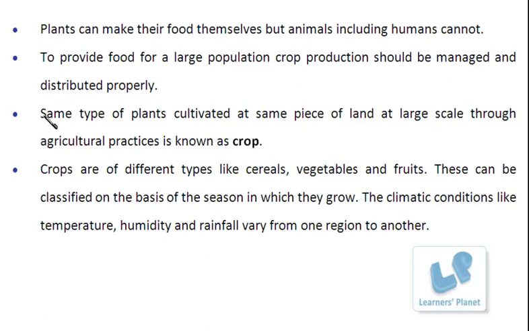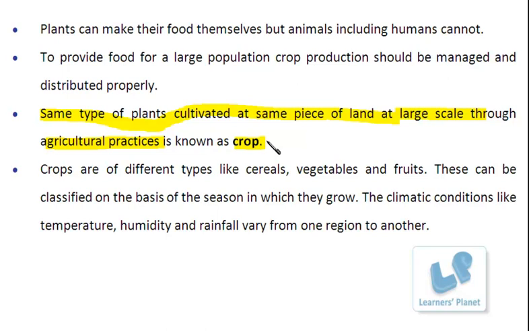We can define this crop as the same type of plants which are cultivated at the same piece of land at a large scale through the agricultural practices. So such a large production of the food material from the plants in the same land area is known as the crop production, right? And the product that we are getting is known as the crop.